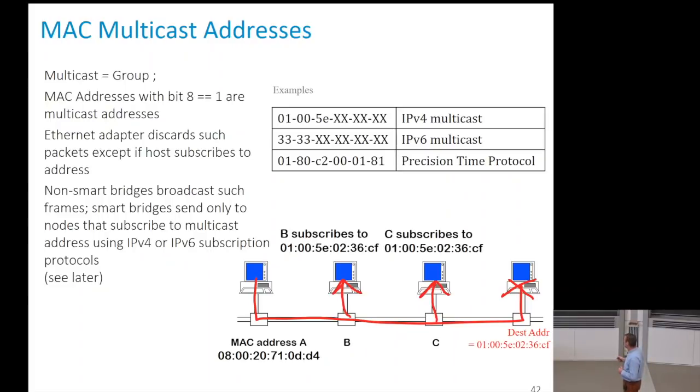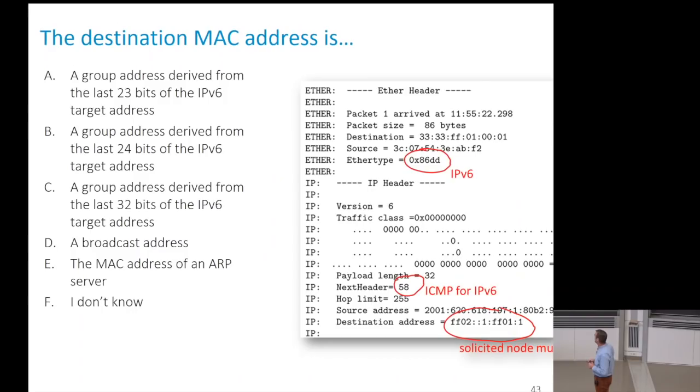So it will typically use either the configuration from the adapter, or, as we will see when we talk about multicast, there are protocols at the IP layer to decide who should receive a multicast packet or not. So the bridges will overhear those packets and will create their distribution tree with that here.